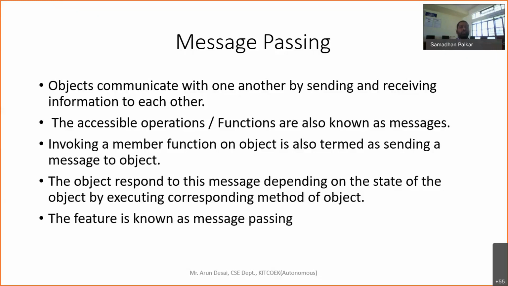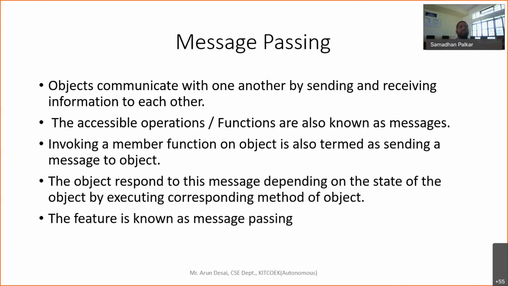After that, on the basis of that function, or whatever message you send, which is there in that member function, the object changes its state and executes that method, right? The object changes its state in response to a message that comes from another object.